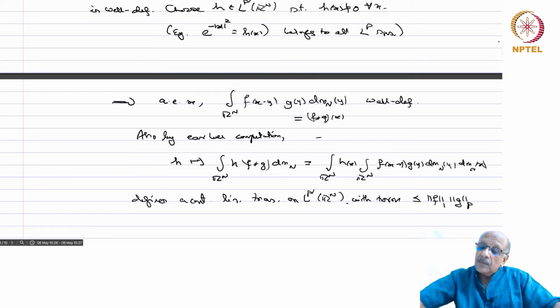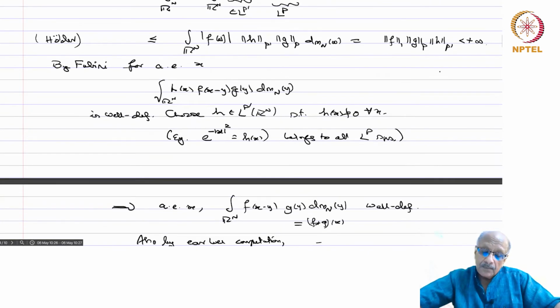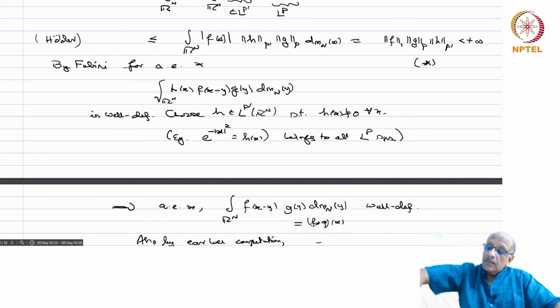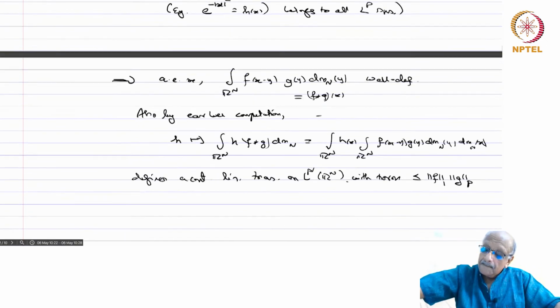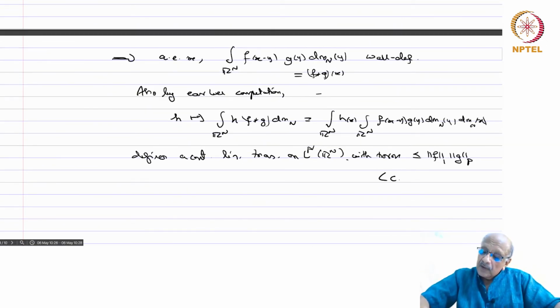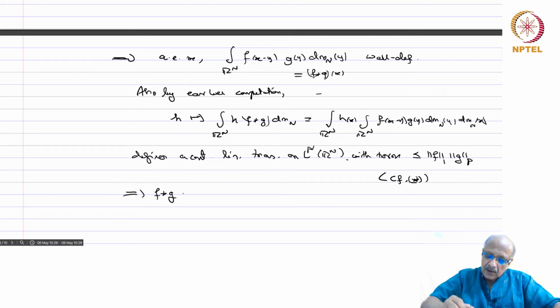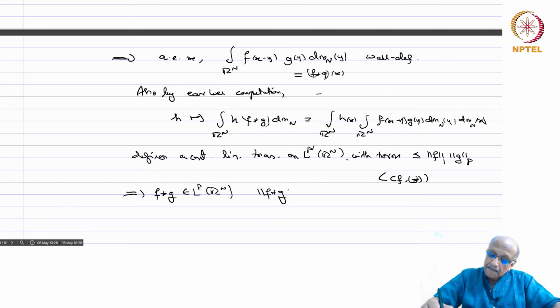That comes from star. So this implies that f star g belongs to Lp of Rn and norm of f star g in Lp is less than or equal to norm f 1 norm g p.